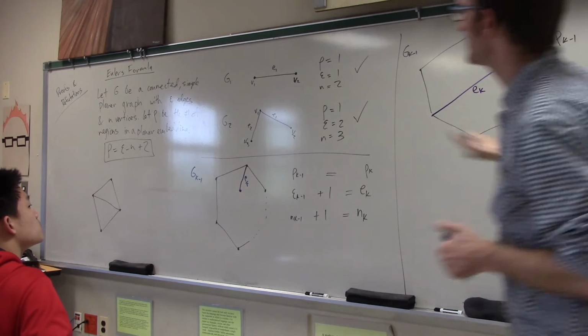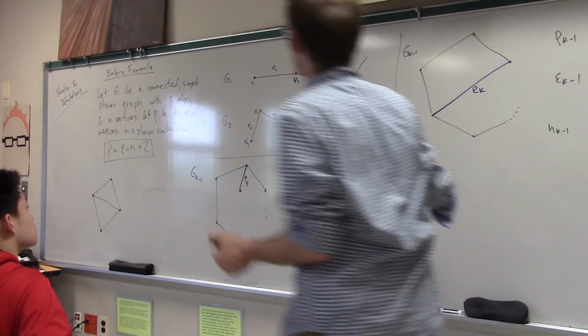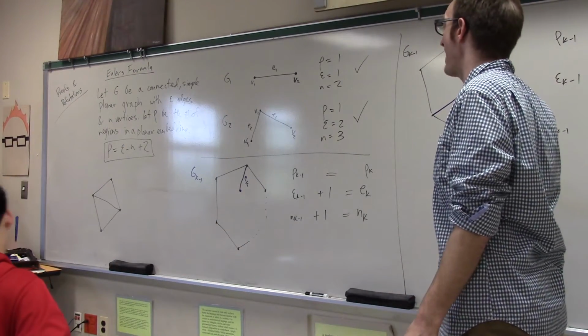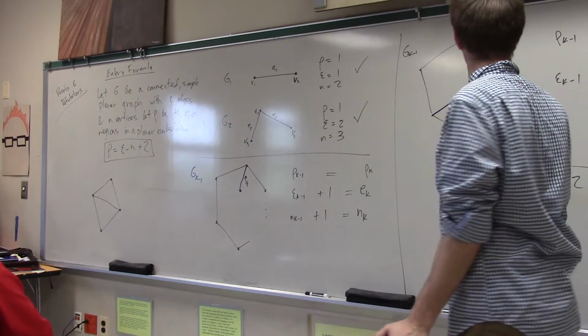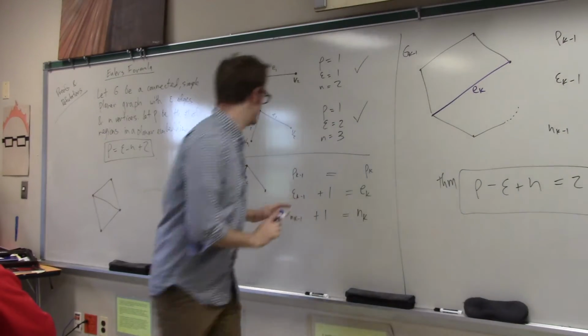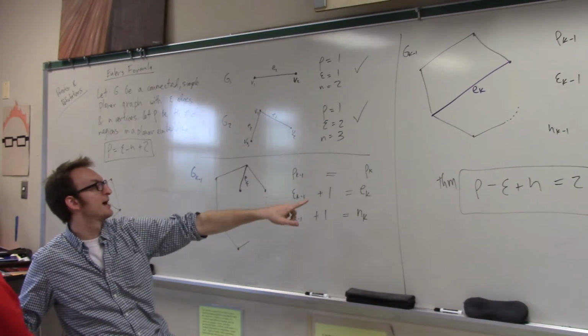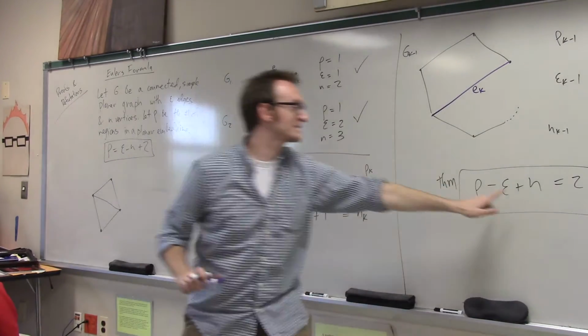Okay, so the simplest way to do it is to take rho minus epsilon plus n, and to say that this has to equal 2, always, right? This is the theorem. But that's not how people normally write it. Well, over here I add one edge and one vertex, so that's canceled out.